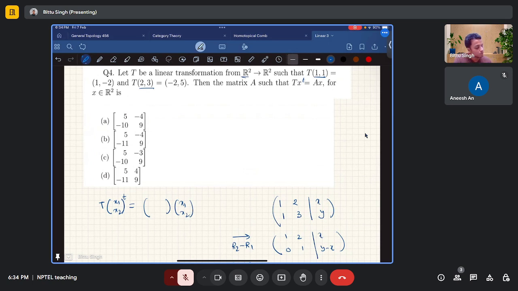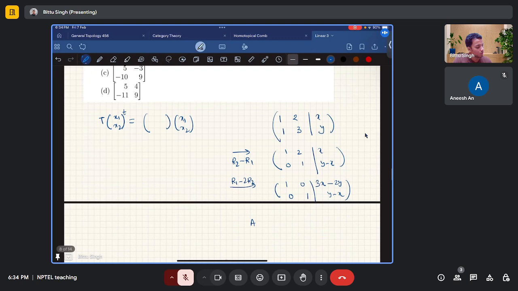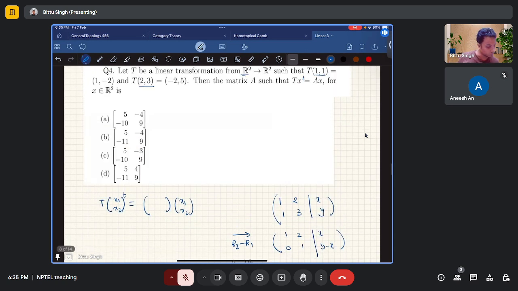Yes, if we initially put (1, 0) here, then (1, 0) can be written as... maybe there should be an easier way to write this.